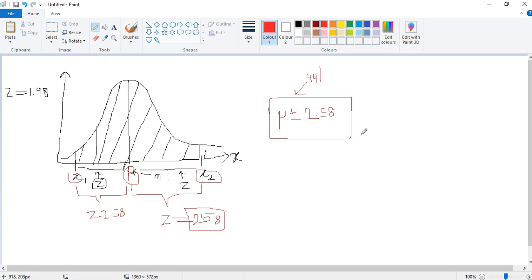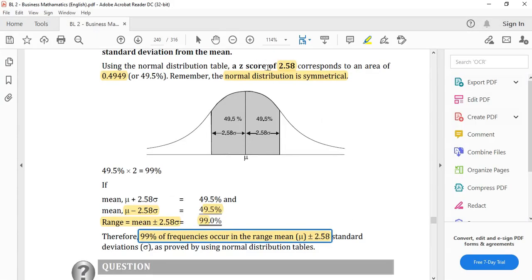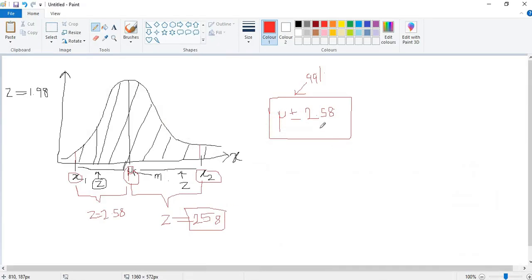So in the exam, they will straight away give, find the range of frequencies. If they say range, students, remember, you must show something like plus or minus. Definitely you must show that. So remember, range means you should show something like plus or minus.